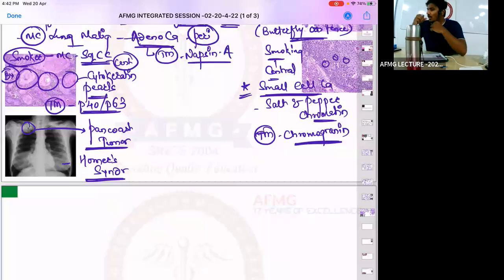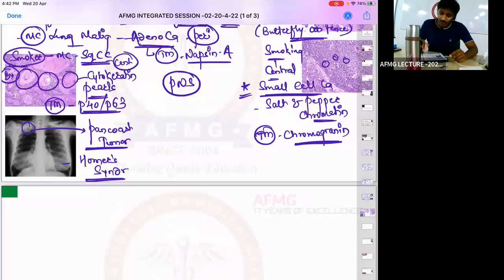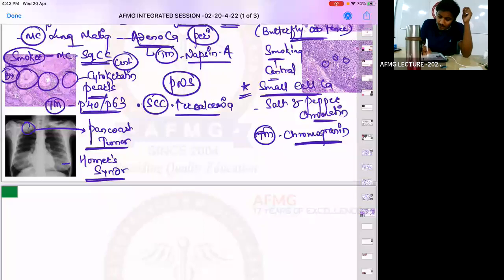Now if I talk about paraneoplastic syndromes, guys, the most common paraneoplastic syndrome associated with squamous cell carcinoma is hypercalcemia.